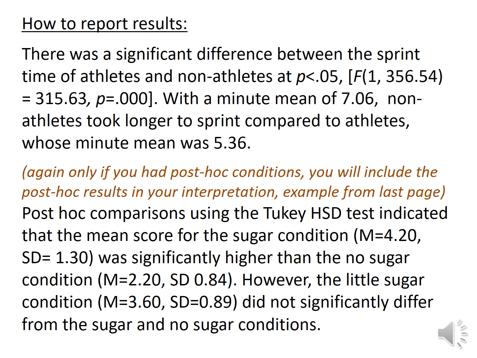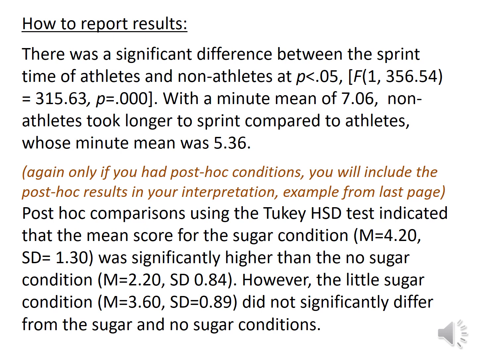So what is the way of reporting the results? This usually comes after the statistics tables are presented. There are different ways of presenting the results, but this is a usual presentation.